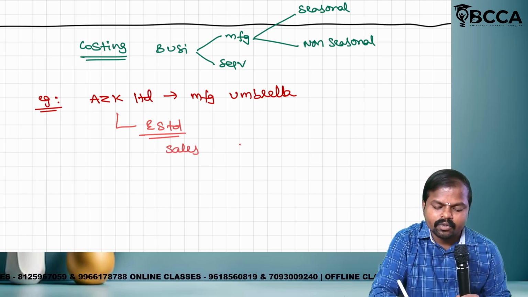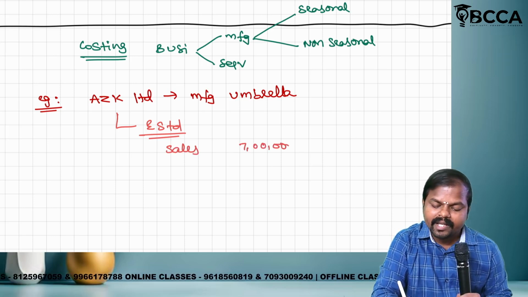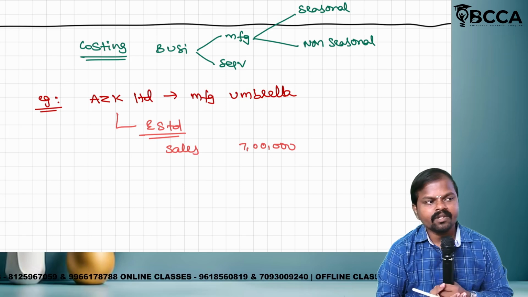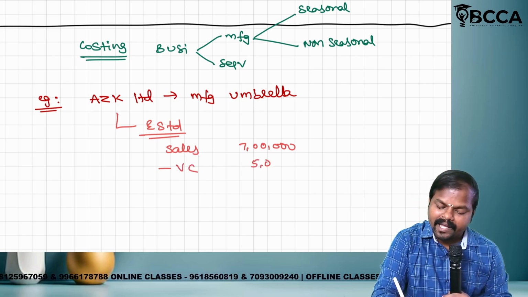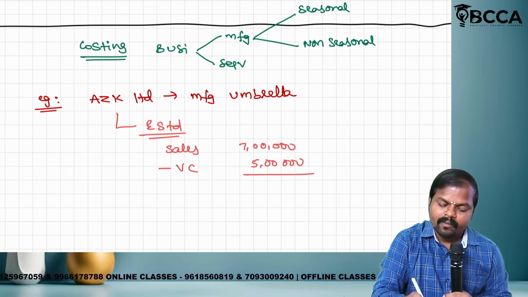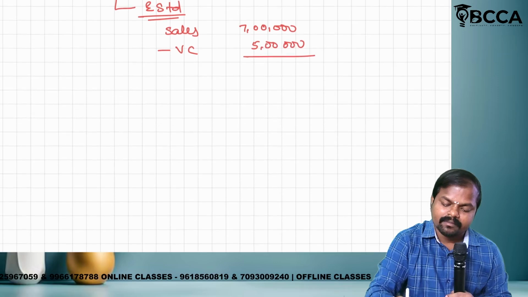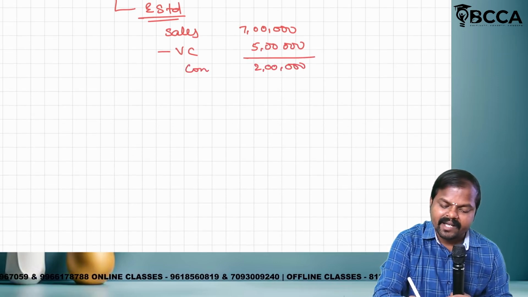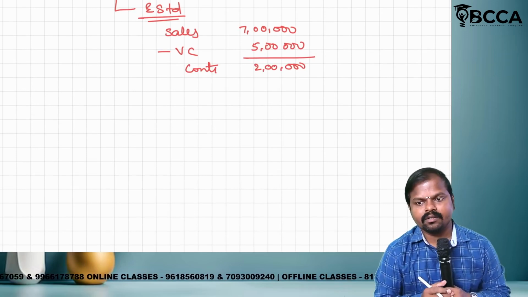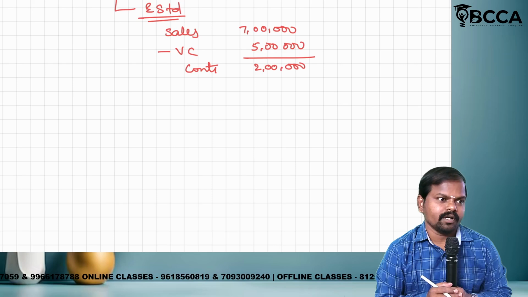Sales will be a maximum of 7 lakh. Variable cost is 5 lakh. The result is 2 lakh, which will be referred to as contribution. Sales minus variable cost is equal to contribution. Why contribution?